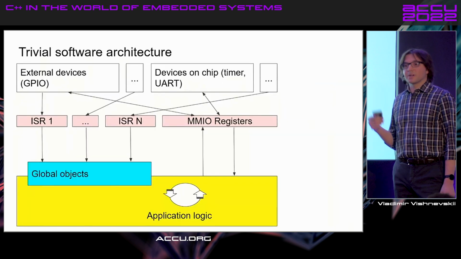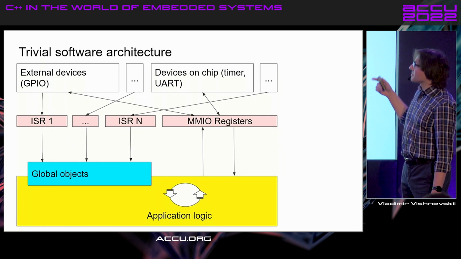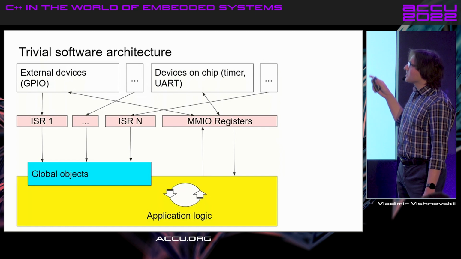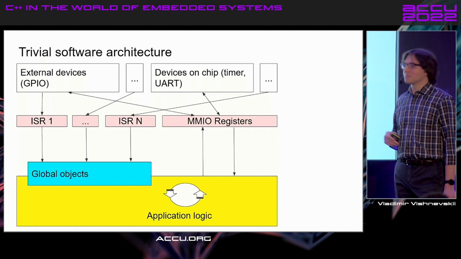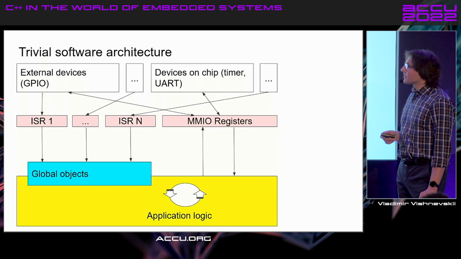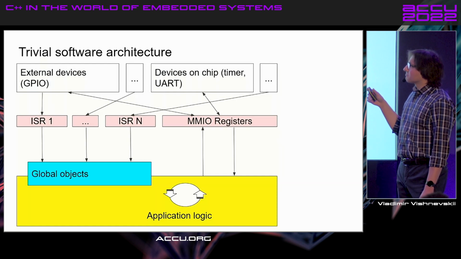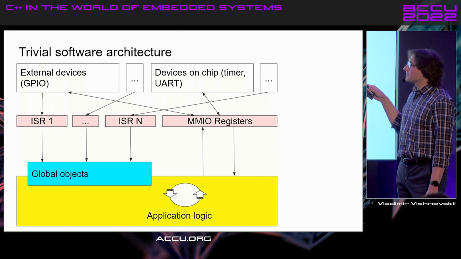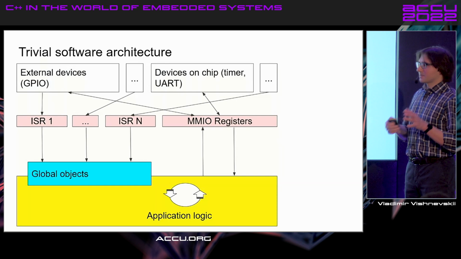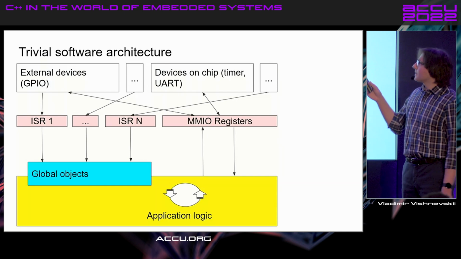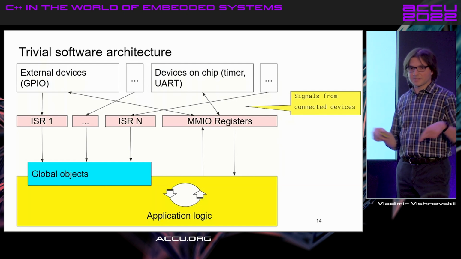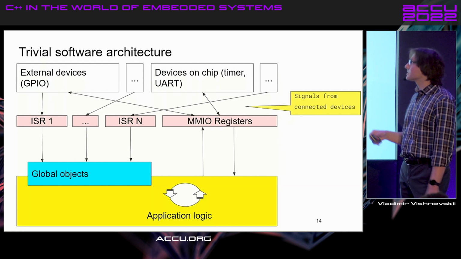On this trivial hardware platform, some trivial software can be executed. Here it's a really simple software architecture that can be deployed on hardware like that. We have signals coming from the devices connected via these pins, those peripheral devices.